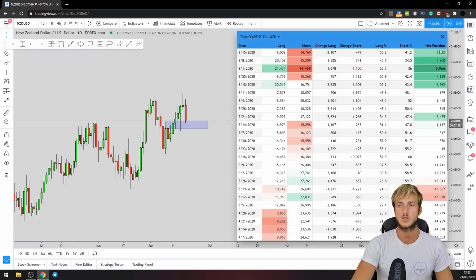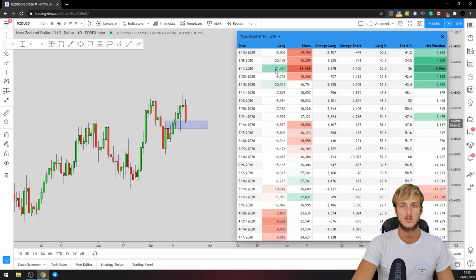Now if you look at the net positions, we can see that we went from 6.9K net positions to 3.2K net positions. So overall, net positions are clearly decreasing on NZD USD, meaning that we now have way more shorts relative to longs. The amount of shorts compared to the longs is increasing. In fact, we went from having 14K short positions and 21K long positions to having a little bit more shorts, because we went from 14.4K to 14.7K.